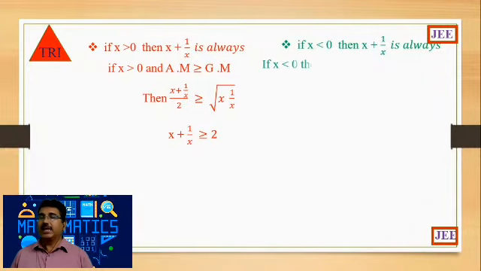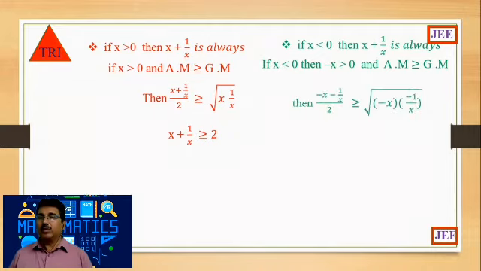Again, by using arithmetic mean greater than or equal to geometric mean, minus x minus 1 by x divided by 2, the arithmetic mean of minus x and minus 1 by x, is greater than or equal to the geometric mean of minus x and minus 1 by x, that is root of minus x into minus 1 by x.